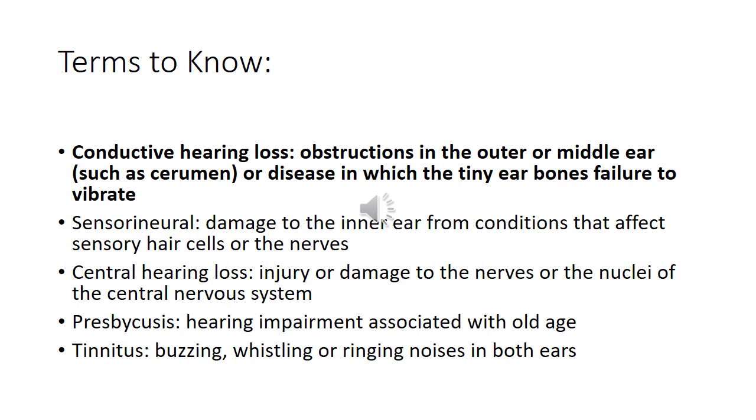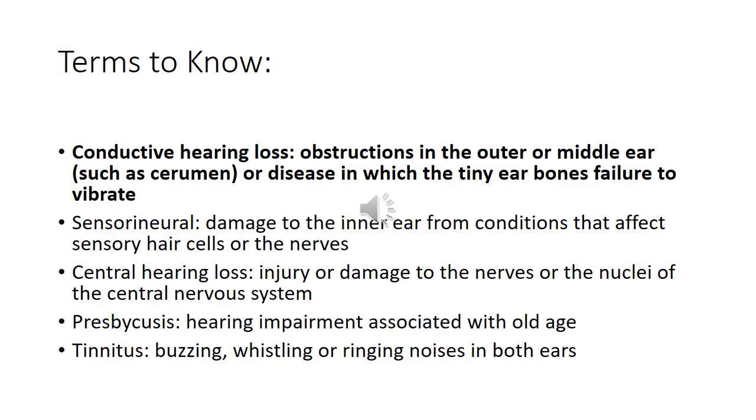Terms you should know: conductive hearing loss, sensorineural, central hearing, presbycusis, and tinnitus. Conductive hearing loss is the obstruction in the outer or middle ear, or disease in which the tiny ear bones fail to vibrate.